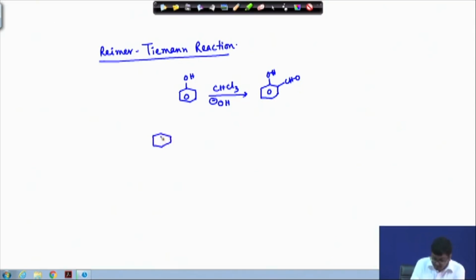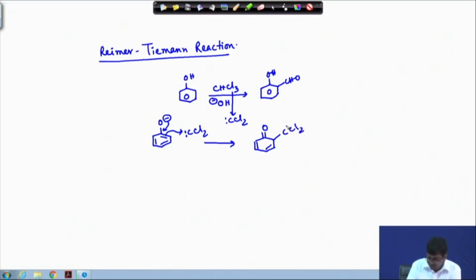The mechanism could be, with presence of base, this phenoxide, and then from here it can generate the carbene. Okay. So, this dichlorocarbene it can react. So, this will give, okay. Now, this can pick up this proton. Okay.